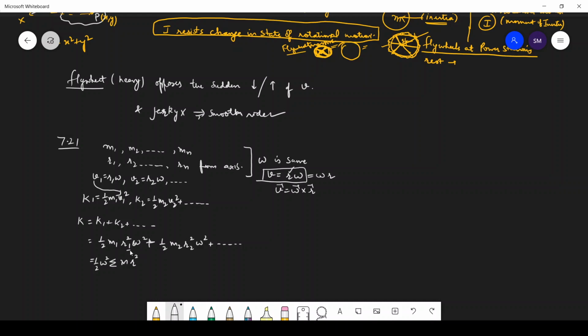But here I have 1, I have 2. So the variable quantities I represent with i. That is how we write. Now m1, m2, r1, r2. So here also this 1 and 1, this is same. Okay, so that is why we have i.